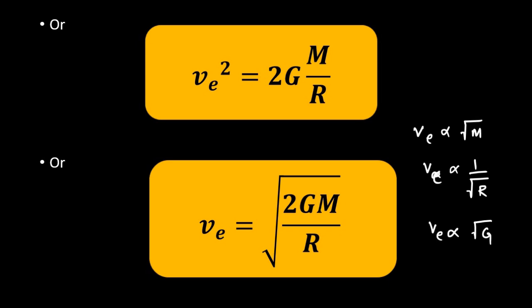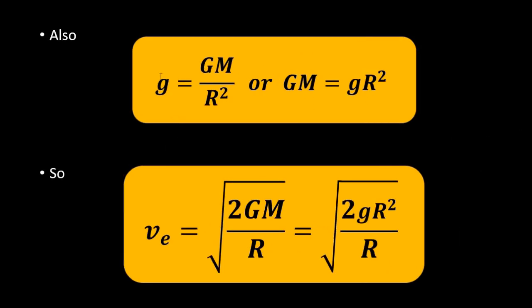Now if we try to find an alternate expression, we know that acceleration due to gravity small g is equal to capital G capital M by R square. This we derived in our discussion related to acceleration due to gravity. So we can write capital G capital M is equal to small g capital R square.